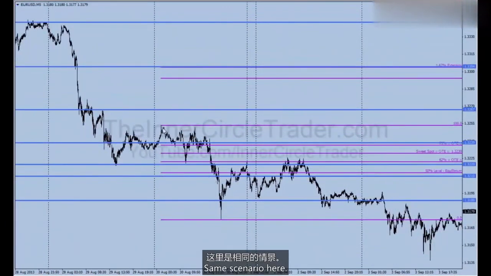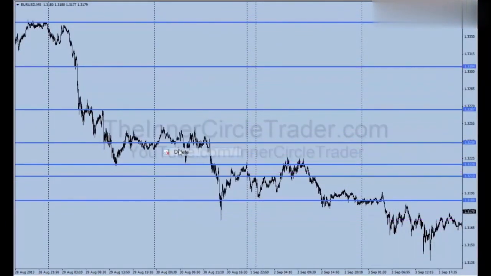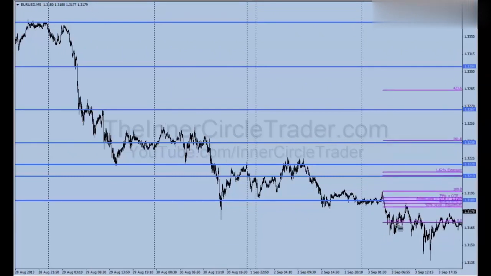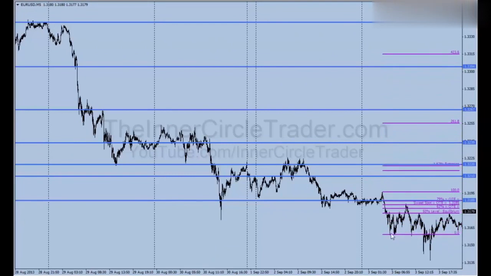Again, same scenario here. Market's moving lower. Here's the opportunity you could use, keying off of that 131.90 level. Let's round that to a small round number. Pull a fib from this high to that low, you'll get a nice retracement, right up to the sweet spot, and sell off.